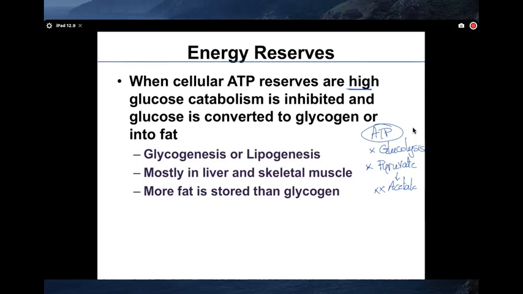And you're going to be inducing more of the anabolic reactions. You're going to be transforming this glucose that you've taken into its storage form, which is the glycogen. I'm converting the glucose that I'm not going to need to break down right now, and I will store it in the form of glycogen.